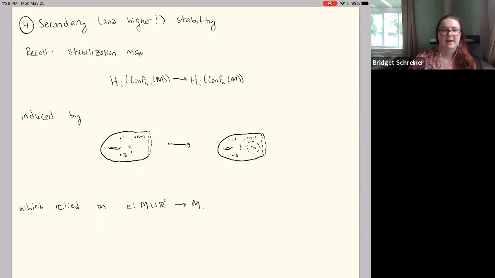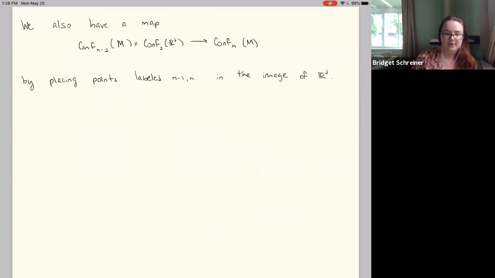In particular, we had that embedding from R^2 to M. We also get a map from configurations of n-2 points in M crossed with configurations of 2 points in R^d, which here I'm just using R^2, to configurations of n points in M, just by placing 2 points in the image of R^2. And that's an element of the configurations of 2 points just because they have to be distinct.